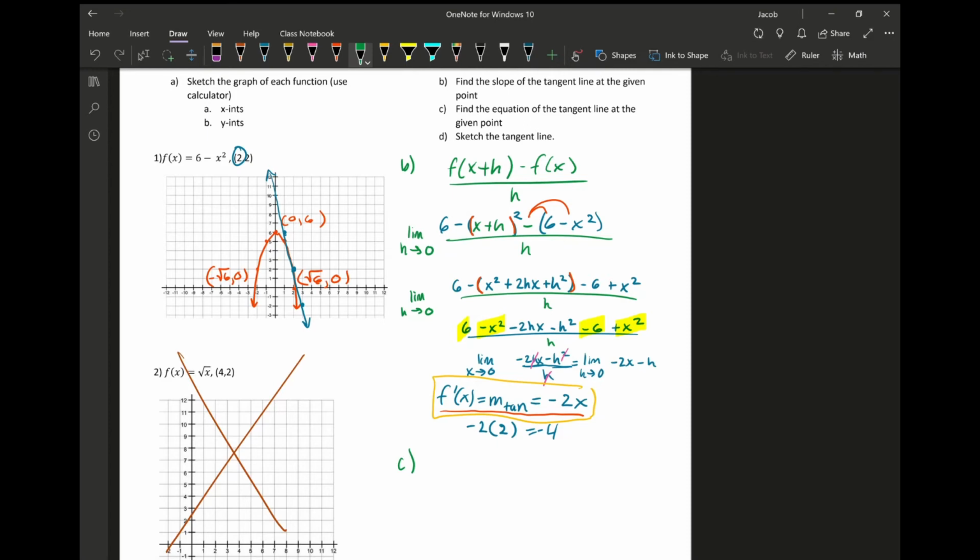We could use point slope form to determine it, or you could just look off the graph, which is what I'm going to do. So y equals negative 4x plus 10. So we're going through 10. And then I've already sketched the tangent line, so there we have it.